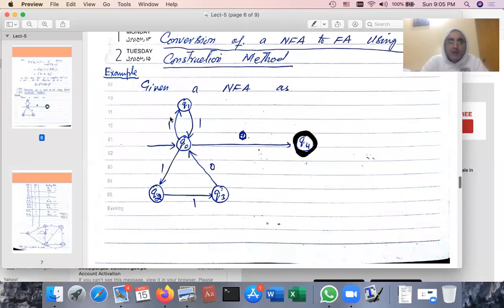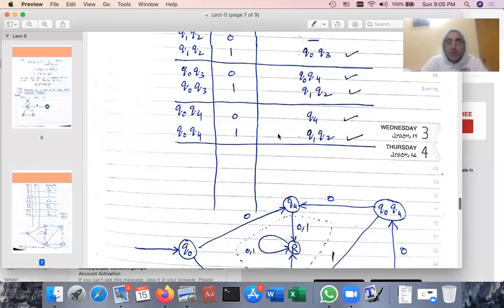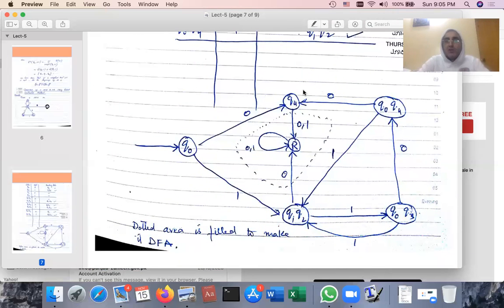This is my NFA. Here I have, for example, 0, 1, 1, 3 edges. This is NFA, but this is now my DFA. I am converting that NFA into DFA.